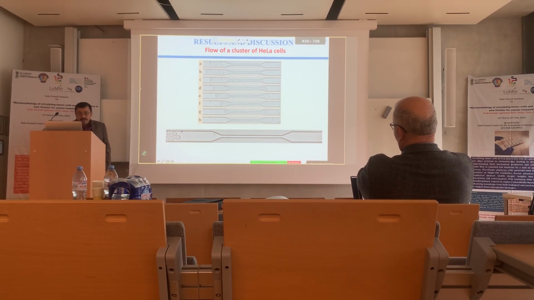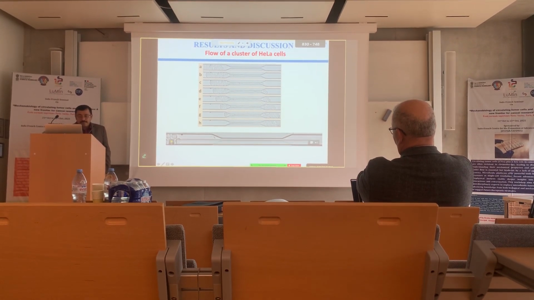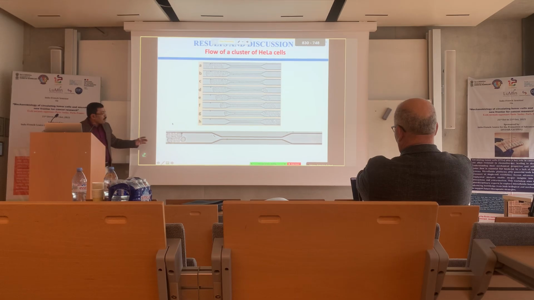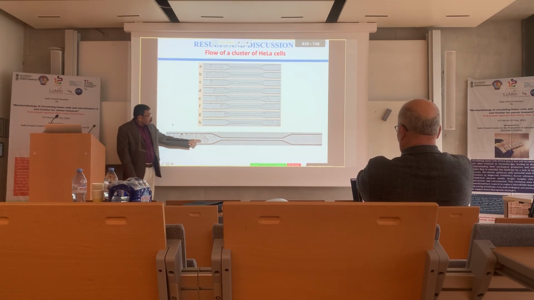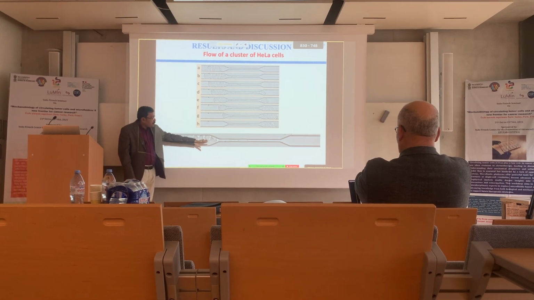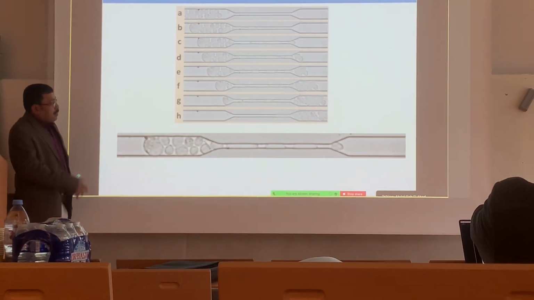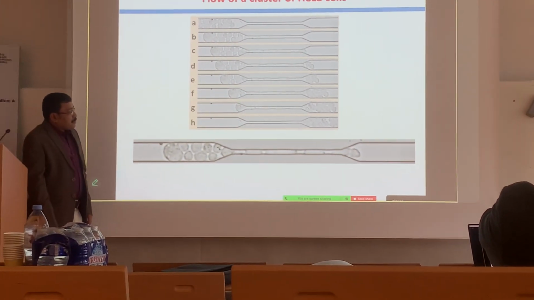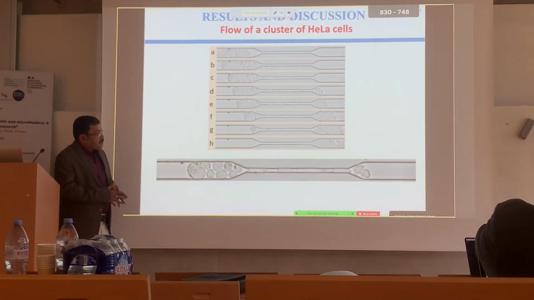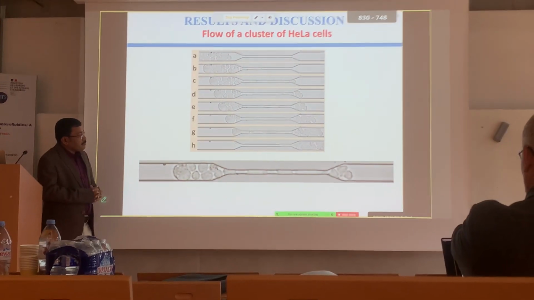Here you can see from the animation how they pass one by one. Once one goes inside, the other one goes, but the later cells rupture more. From here you can see.